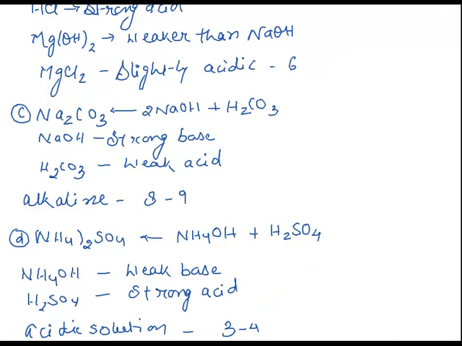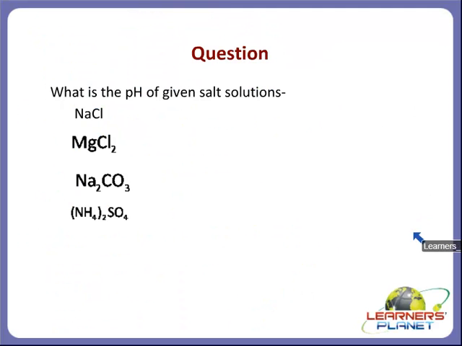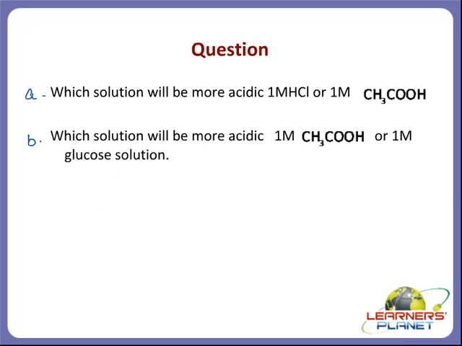Depending on that, you can find out the pH of the solution. You can just give the range, right? Exact pH you can't find unless the concentrations are known to you. Am I clear? So you can just give the range, whether the solution would be acidic or basic, right? Now let's take up our next question.